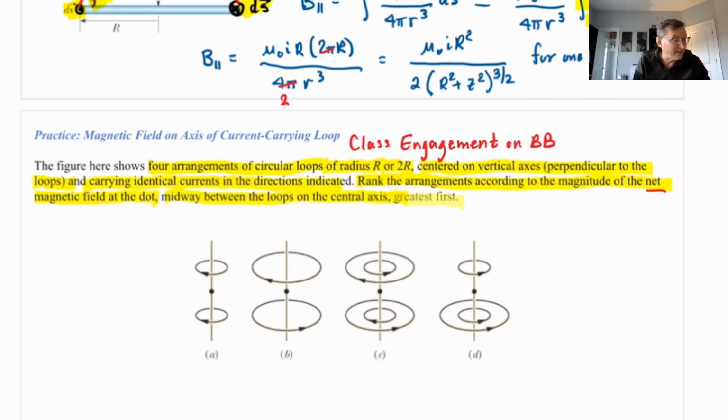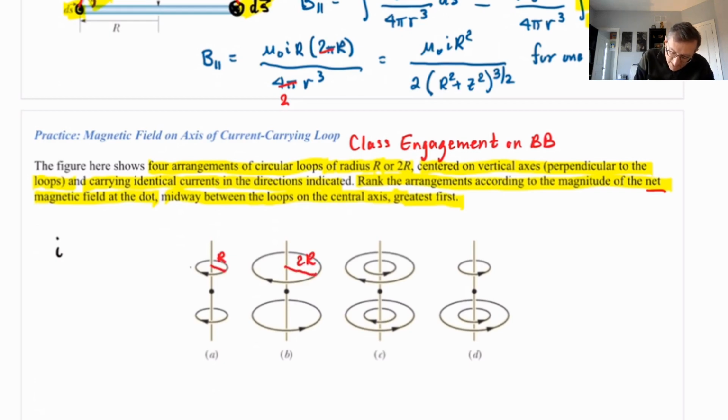And do this ranking, largest to smallest. To help you do the ranking, call the current I in each. The radii are either R or 2R. If that's a smaller loop, it must be R. If it's a bigger loop, it must be 2R.